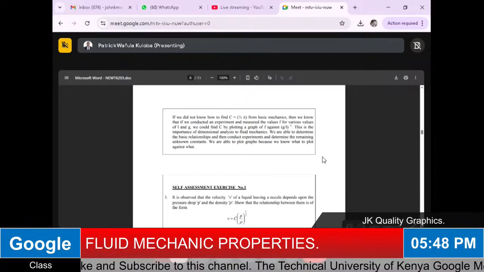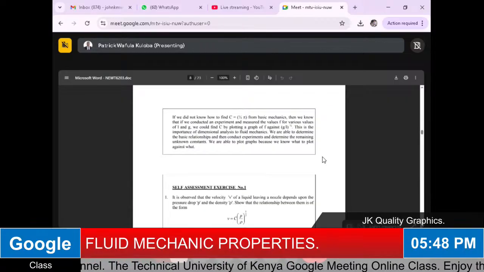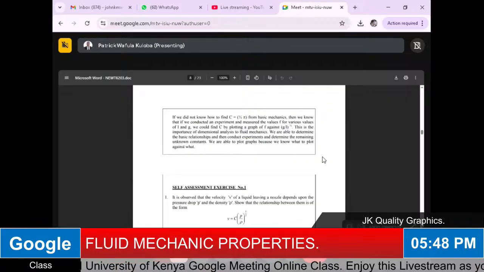So write the MLT equation for velocity v, pressure drop P, and density rho. For v, the MLT equation: velocity is measured in meters per second.